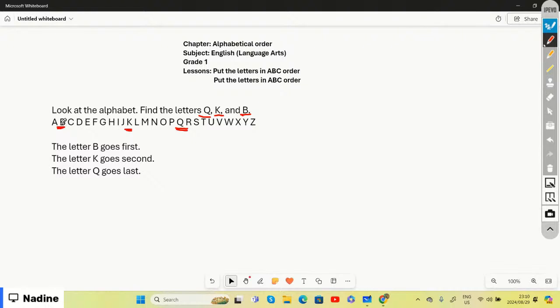If we were to look at those letters in alphabetical order, we can say that B goes first in the alphabet, and thereafter we have K, and the letter that goes last is Q. That is if you were to put them in order, from which letter is first in the alphabet to which letter is last in the alphabet.